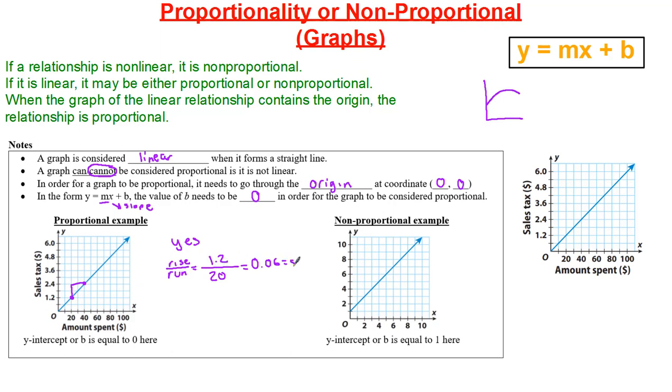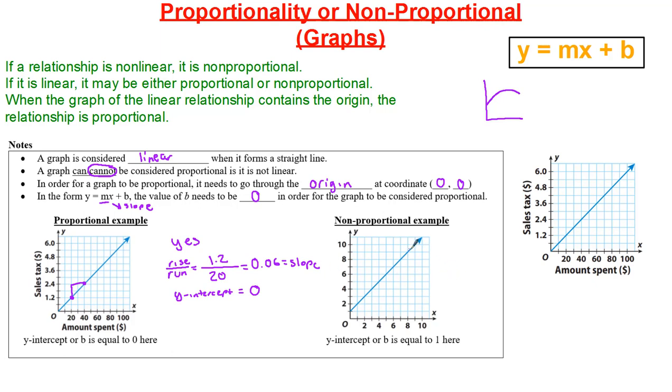Lastly, what is my y-intercept? The y-intercept is where the line crosses the y-axis. It crosses the y-axis at 0. So, is it proportional? Yes. What's the y-intercept? 0. What's my slope? My slope is 0.06.